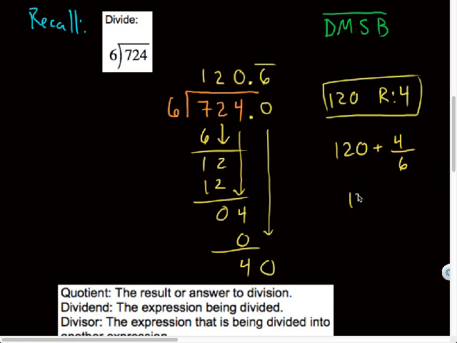Which is the same as 120 and 2/3, or if you mix fraction that a little bit. But I'm just going to leave the plus sign there for now. So it's possible to use the remainder over the divisor. So I'll write rem over divisor. That's how you could also represent that, and sometimes we'll use that technique as well.